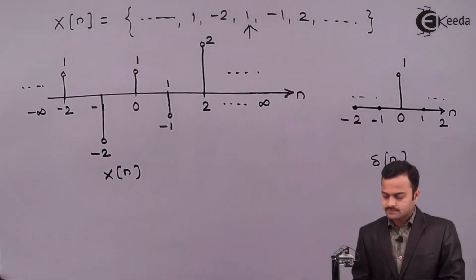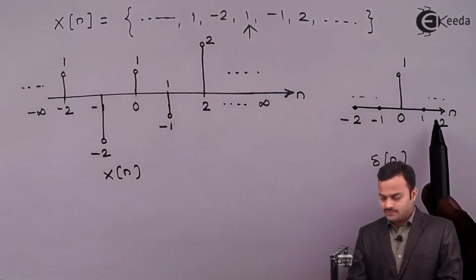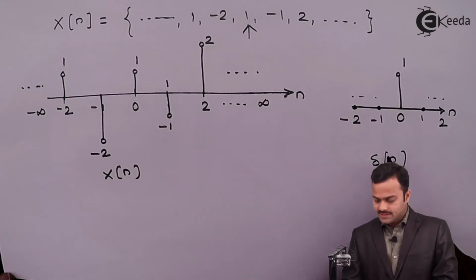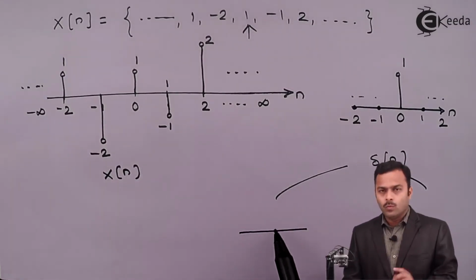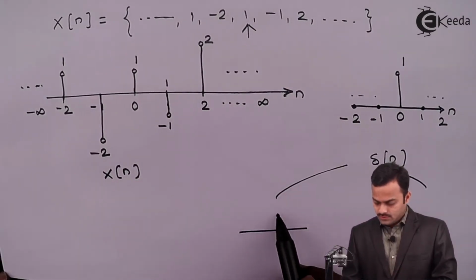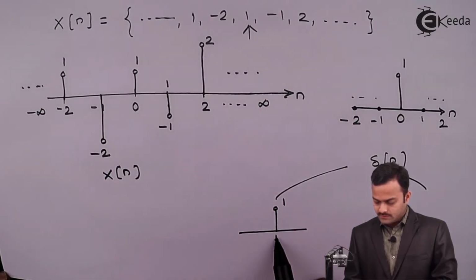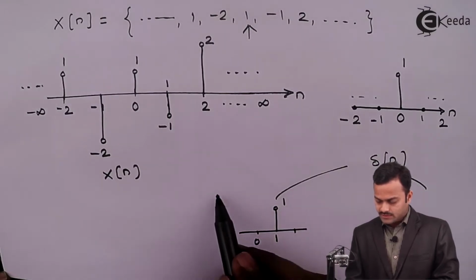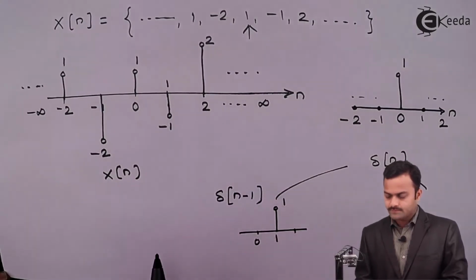Like this. So it's a delta function, and this delta I can shift, that means I can delay or I can advance. Let's consider this delta is delayed by 1. So it will have the magnitude equal to 1 at the instant 1, and I can call this delta n minus 1.